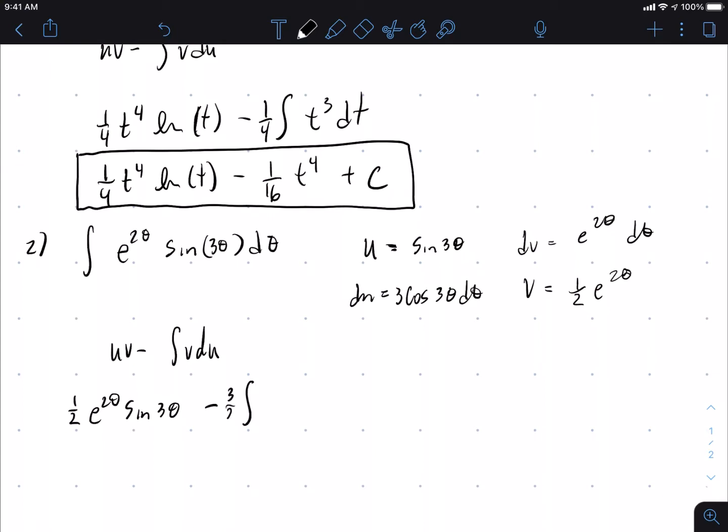That should give me 3 over 2 e to the 2 theta cosine 3 theta d theta. And what do we see is going to happen here?